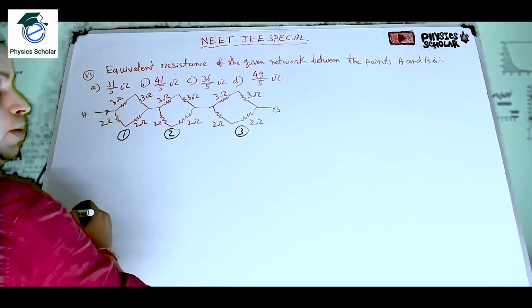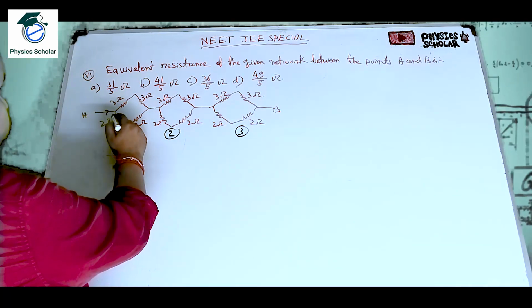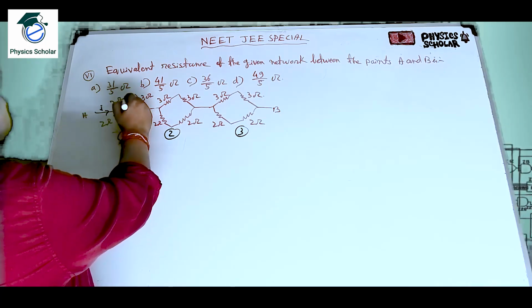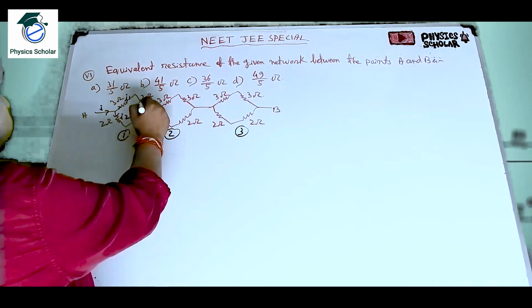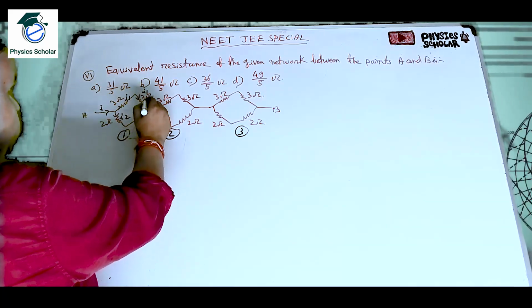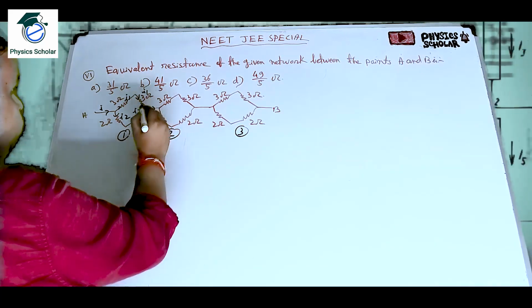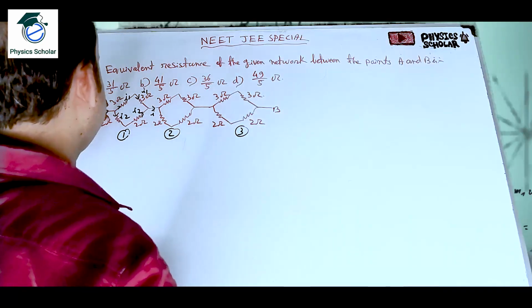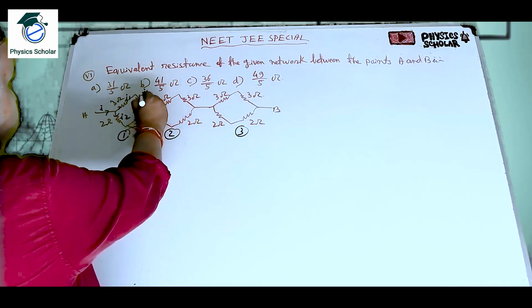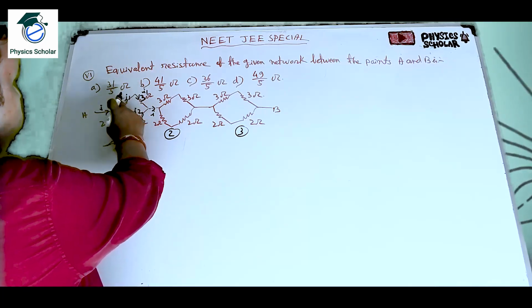Suppose this is the current I. It will be split into 2 parts, I1 and I2. Here it will also be I1 and here also I2. Then I1 and I2 will mix over here and it will be I again. So in these, the same current is flowing, which means these 2 are in series.